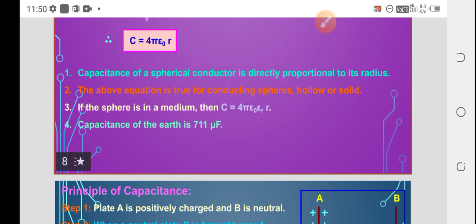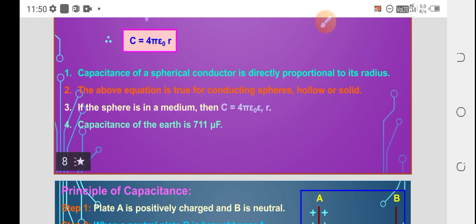The capacitance of a spherical conductor is directly proportional to its radius. The above equation is valid for conducting spheres and hollow spheres.